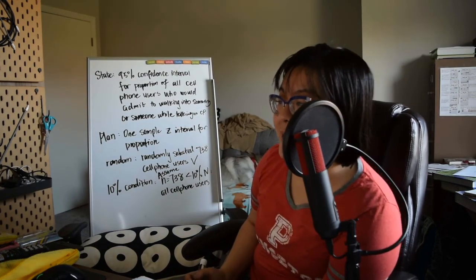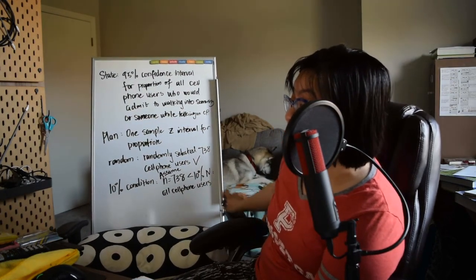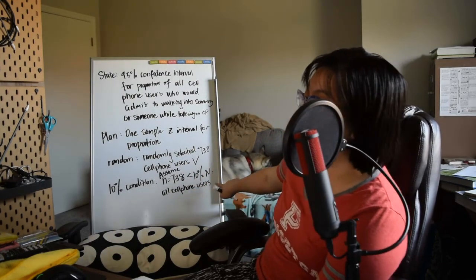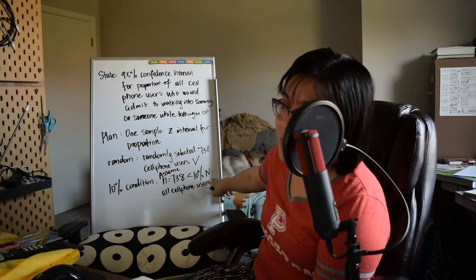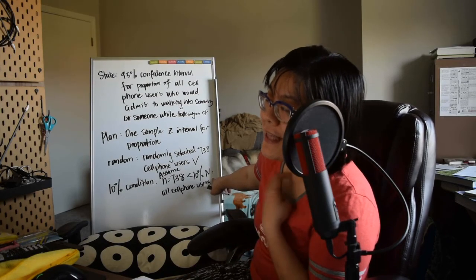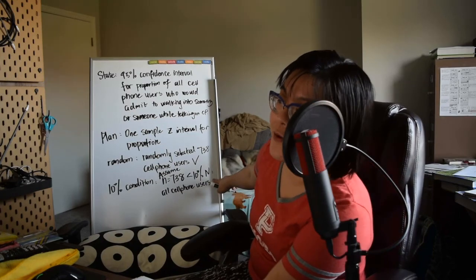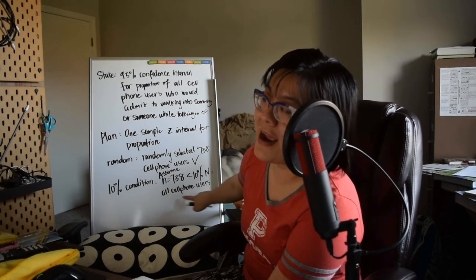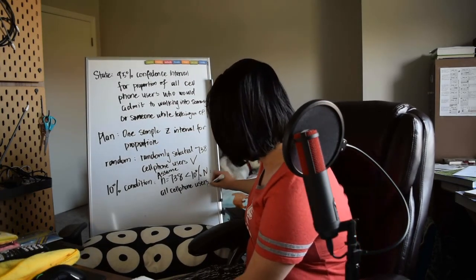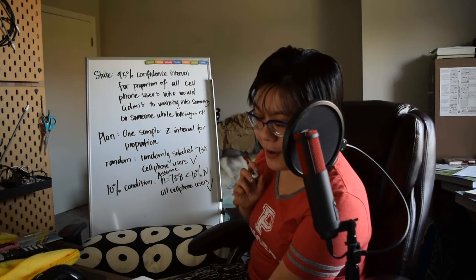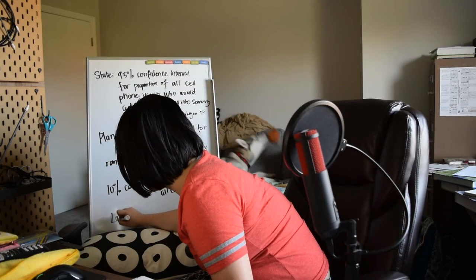This makes sense because 10% of N being 738 means your N just needs to be greater than or equal to 7,380. You can imagine all the cell phone users will be greater than that number, right? So the 10% condition, we check. No problem. And the next one, we're gonna check the large count condition.